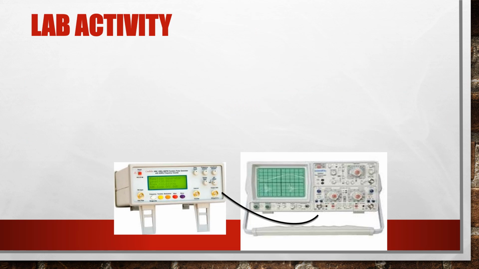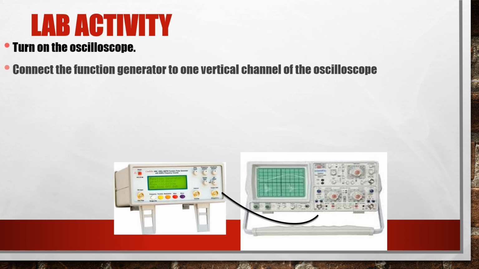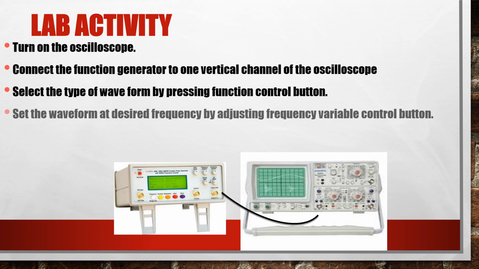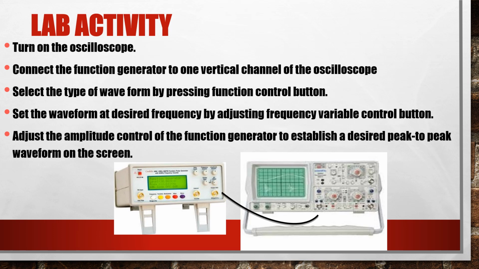Now, what is your lab activity? First, turn on the oscilloscope, then connect the function generator to one vertical channel of the oscilloscope using BNC connector, then select the type of waveform by pressing function control button on function generator, then set the waveform at desired frequency by adjusting frequency variable control button on function generator.